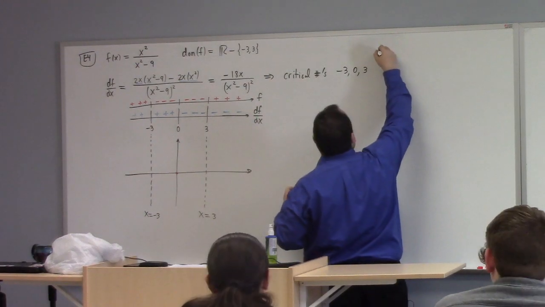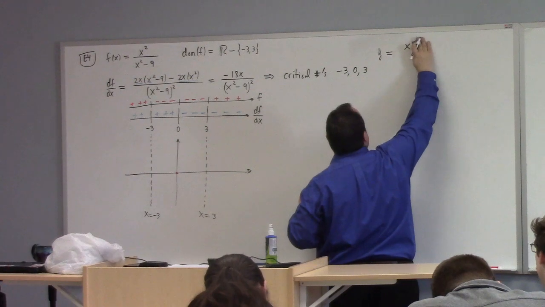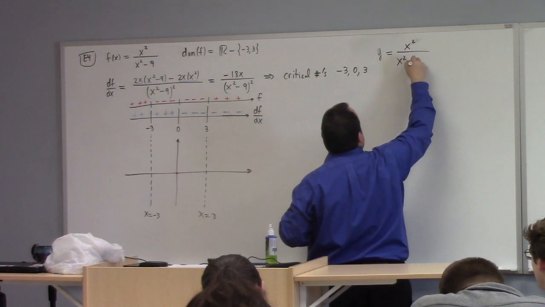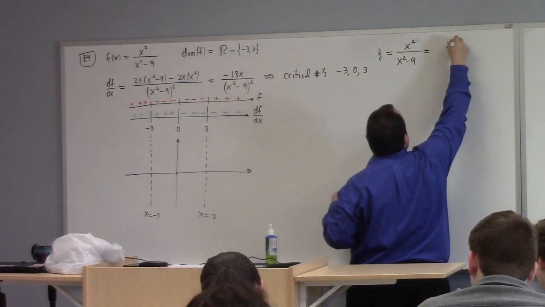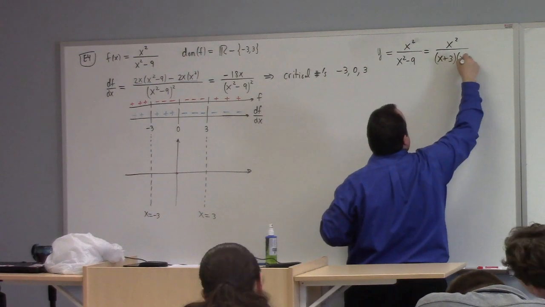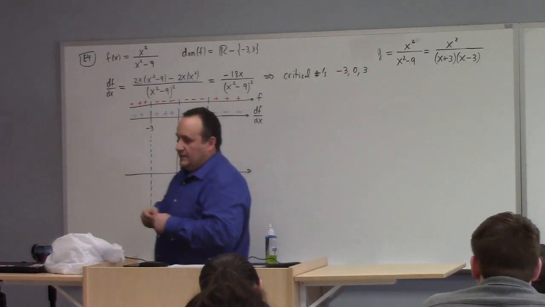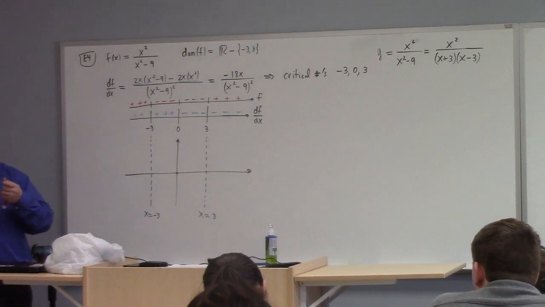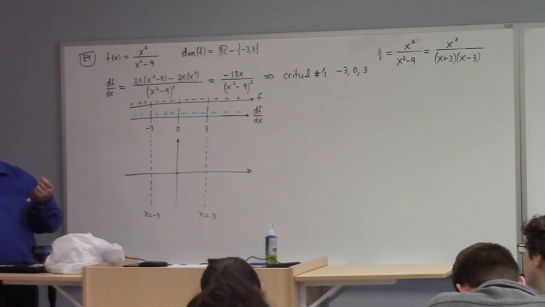So like if I look at the formula, y equals x squared over x squared minus 9, I can rewrite that as x squared over x plus 3 times x minus 3. And the way this works is that if the factor is linear or if it's an odd power, you can change signs as you go across the critical number for that on the sign chart.